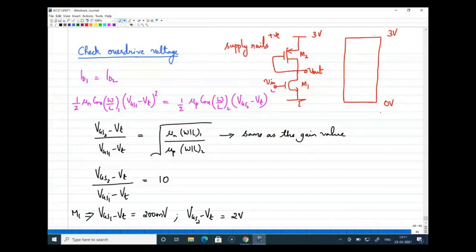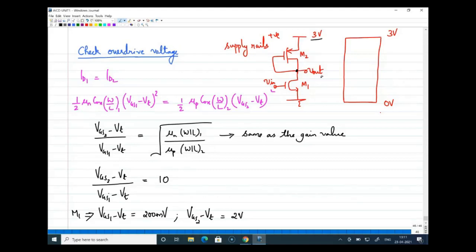So the minimum voltage in the circuit will be 0, and the maximum voltage will be 3. Right. But now I am looking for the output voltage available at this node. Even though we are looking at AC, we know there is a suitable DC voltage. 3 volt is already given. At the input also there should be sufficient DC.